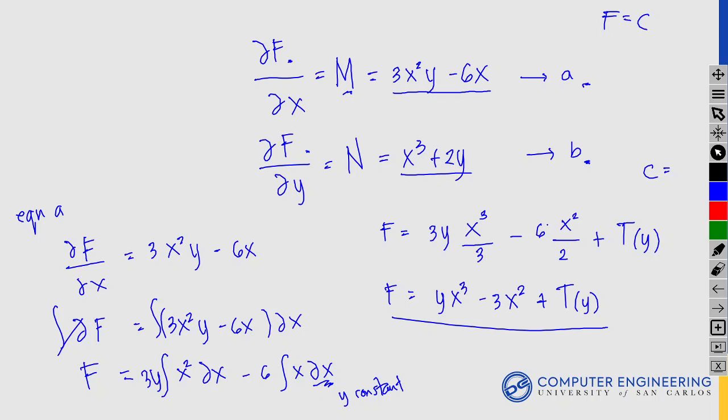So the other equation that we can rely on is equation B. If we integrate this equation just like we did here, but let me show this in a different slide.